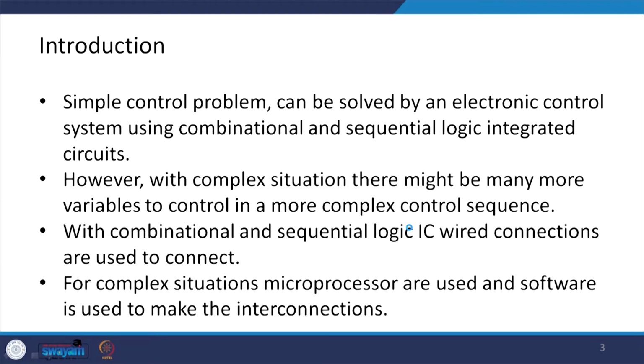But if you have a complex problem, where we are going to have many more variables to control and a more complex control sequence, in such a situation, combinational and sequential logic IC connections may not be very useful. For such complex situations, microprocessors are used and software is used to make the interconnections.